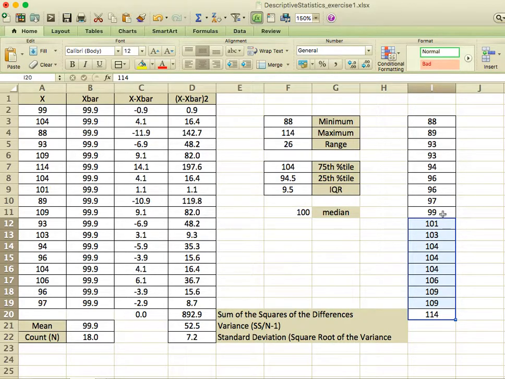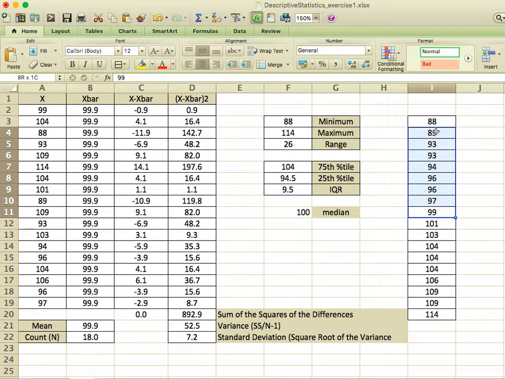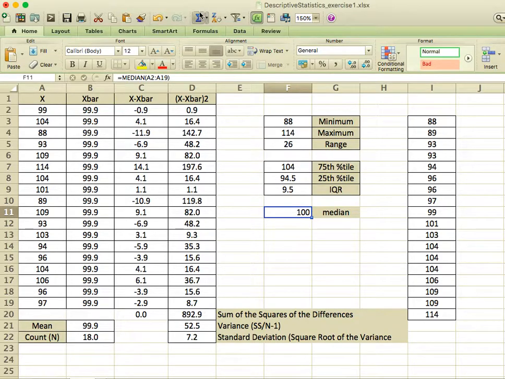And these are the top 9 numbers: 1, 2, 3, 4, 5, 6, 7, 8, 9. Okay, so there is no middle number. So our median would be the average between 99 and 101. Actually, I thought it rounded it to 100, but the average between 99 and 101 is 100, so that is correct.